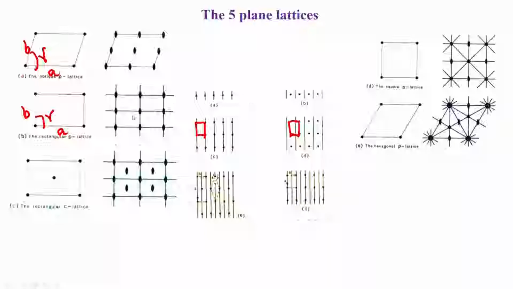We have in a rectangular system A not equal to B, but gamma is 90 degrees. The fact that gamma is 90 degrees will ensure that these two-fold symmetries will always be present at these positions. So, the moment we have a plane lattice, the two-fold symmetries will appear at the origin, one translation along A, one translation along B, and they will also appear along the half distances.